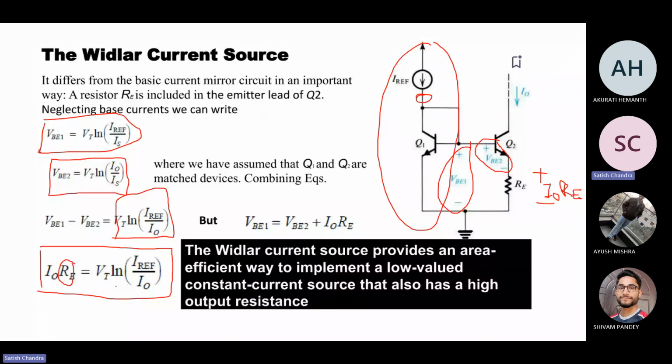So in that case, the Widlar current source provides an area-efficient way to implement a low-valued constant current source. A high output resistance is also achieved in this case. That is the advantage of the Widlar current source.